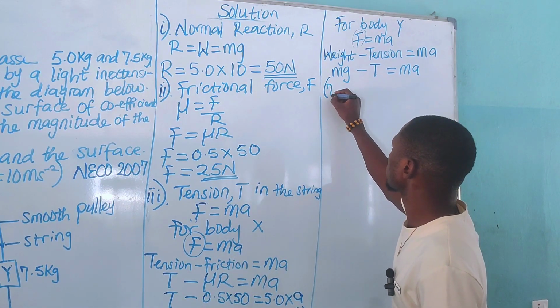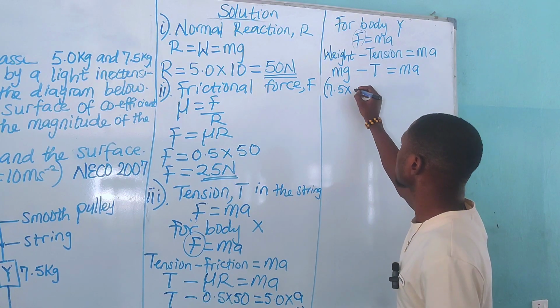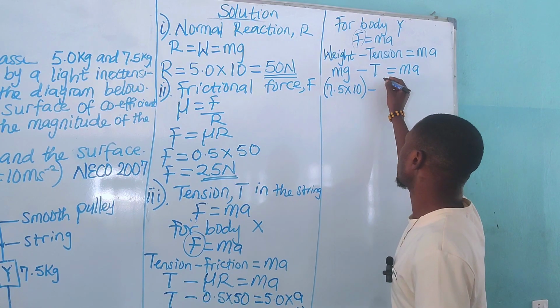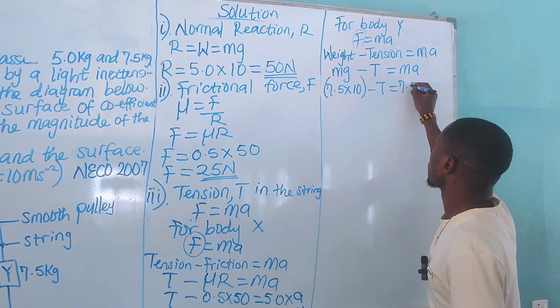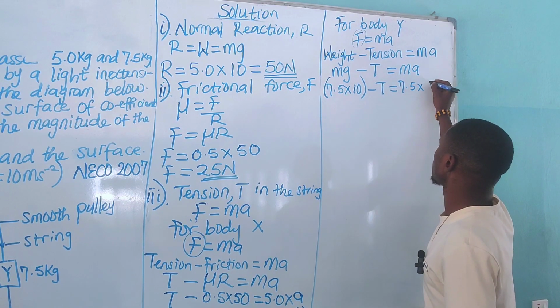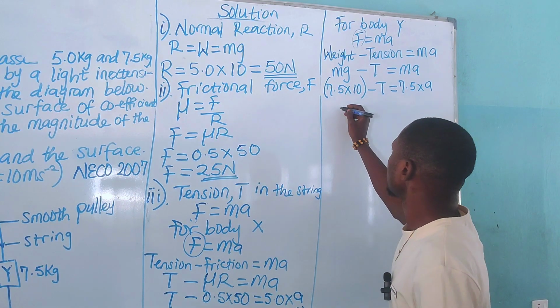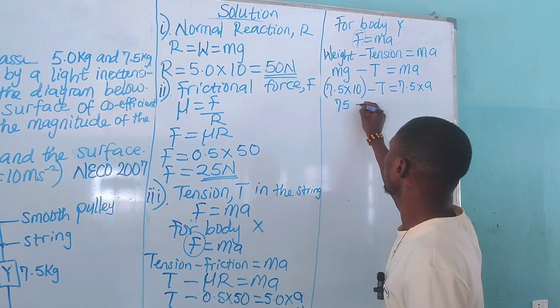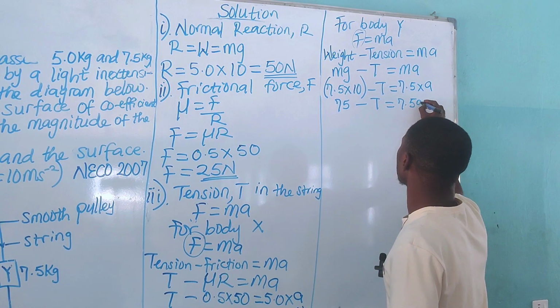So we have 7.5 times acceleration due to gravity, which is 10, then minus T is equal to the mass of the body, still 7.5, times acceleration, which is A, we don't know. Okay, so 7.5 times 10 gives us 75, then minus T equals 7.5A.